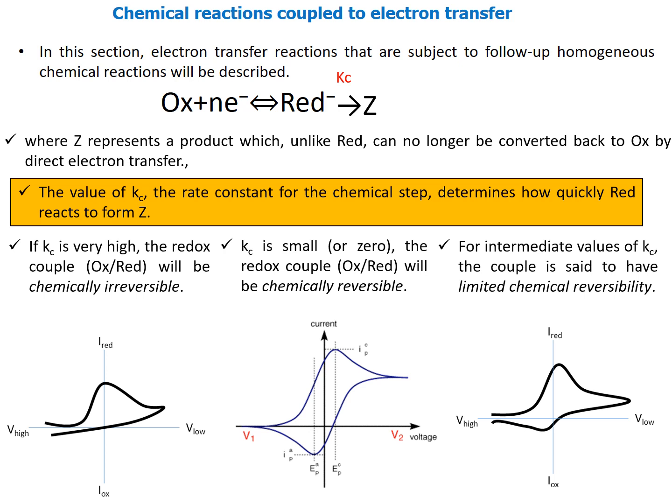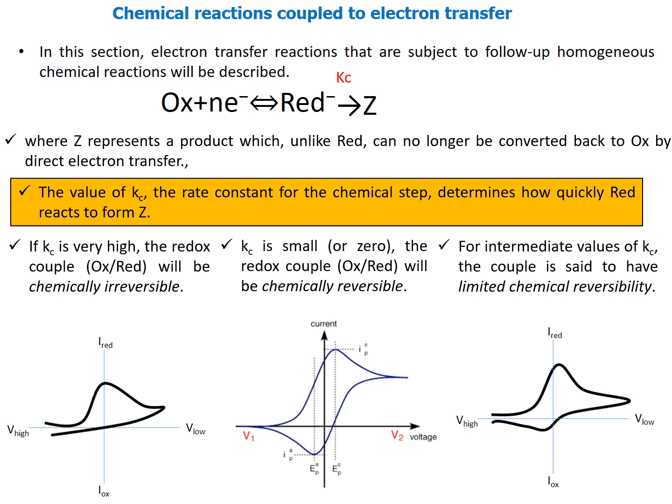So, what we saw here: if Kc is very small, then it will be a reversible CV plot. If Kc is very high, it will be an irreversible CV plot. If Kc has some intermediate value, then the nature of the CV plot will be like this. It will have one cathodic peak and an anodic peak, but the peak current ratio will deviate from the reversible one.